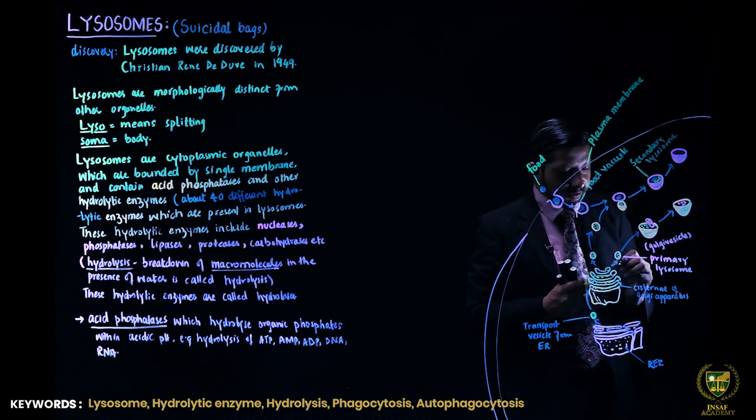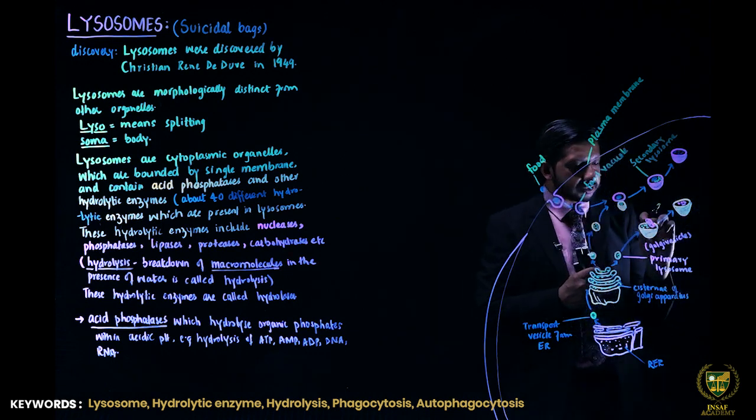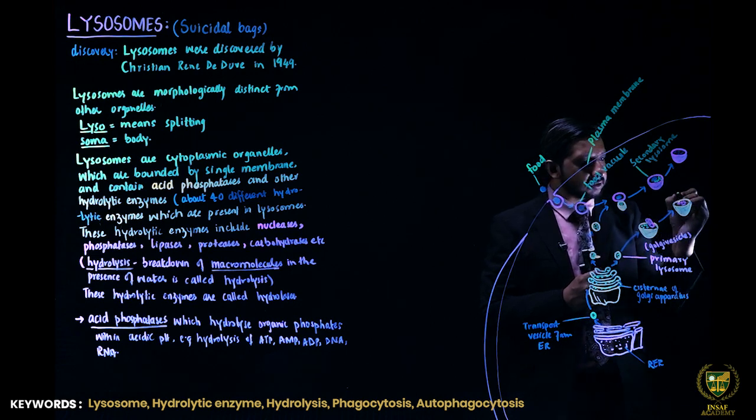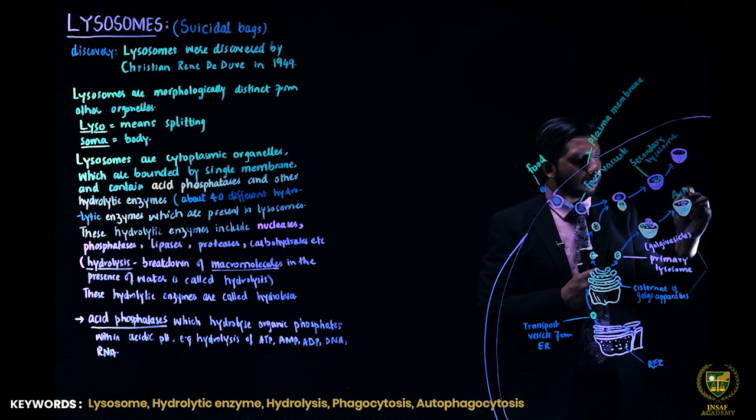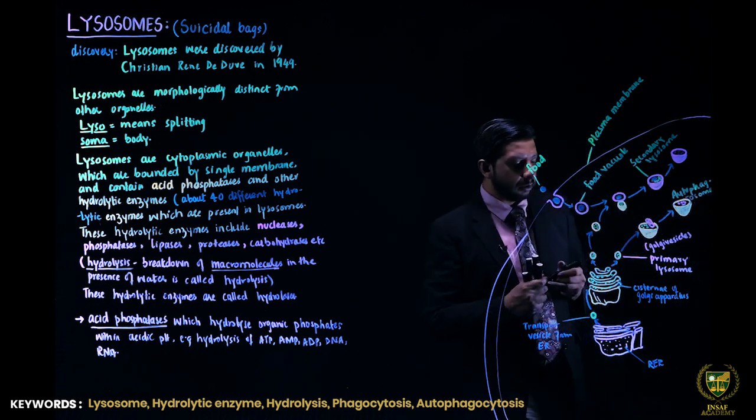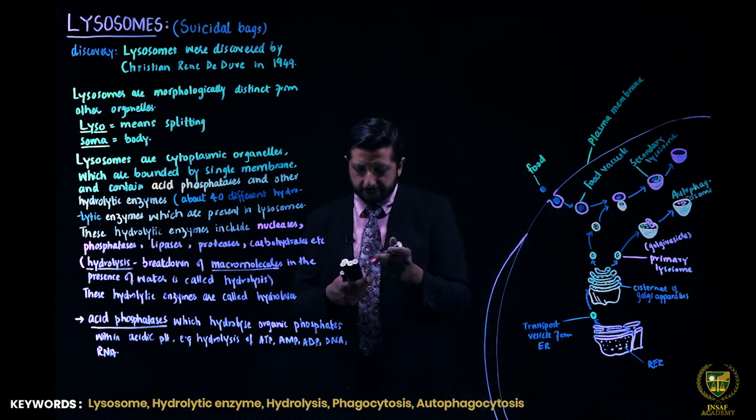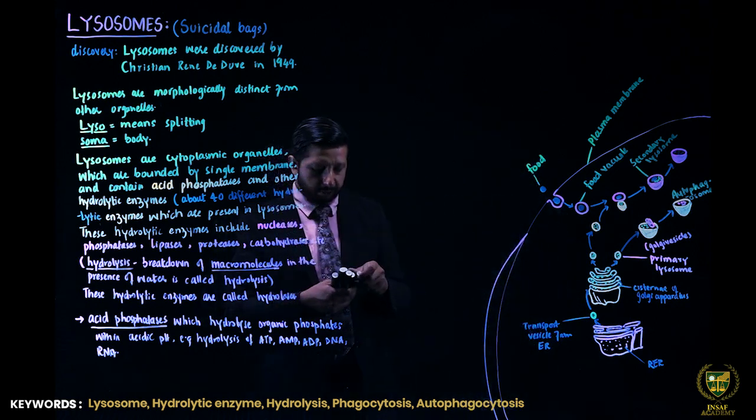And this one, the primary lysosome, which eats this worn out mitochondria and digests it, this is the autophagosome. Autophagosome. Here. So dear students, here are two important things.